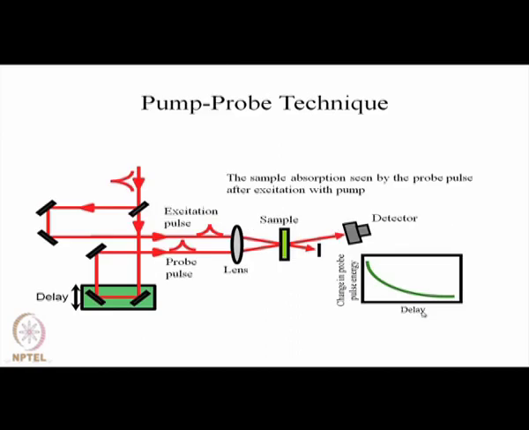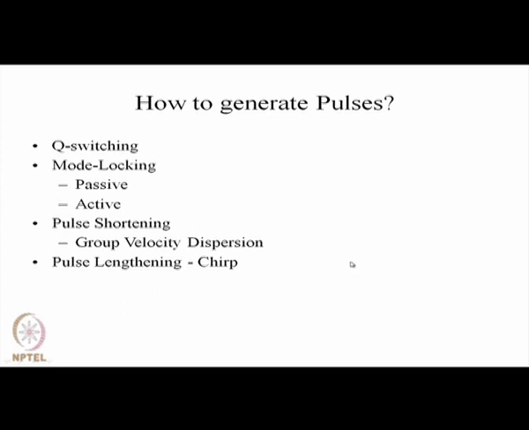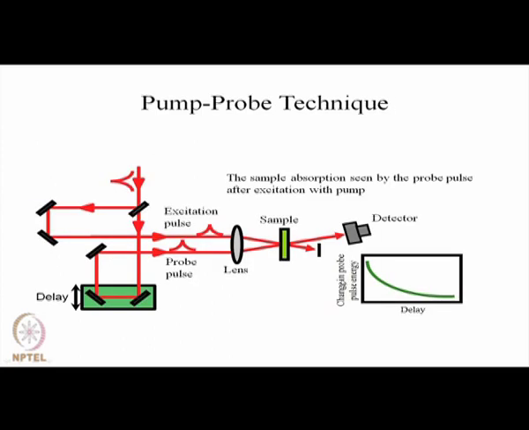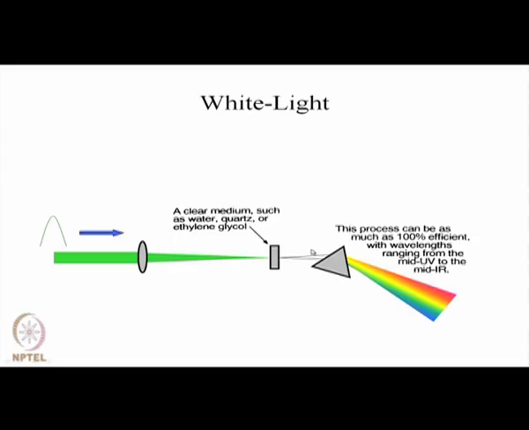Okay, when it is an ultrafast process, there are many techniques to follow. One is pump probe, another is fluorescence upconversion. These are two parallel ways of doing ultrafast spectroscopy.